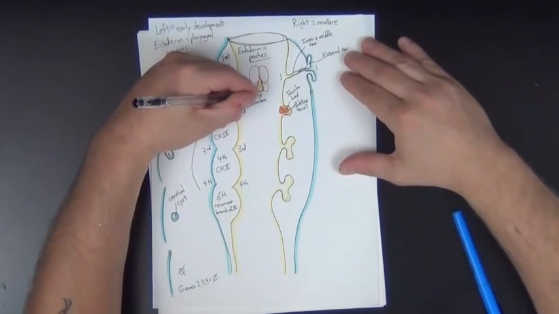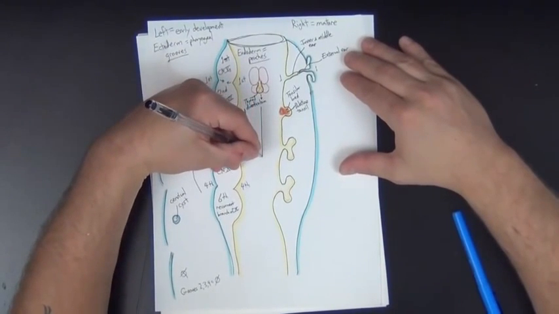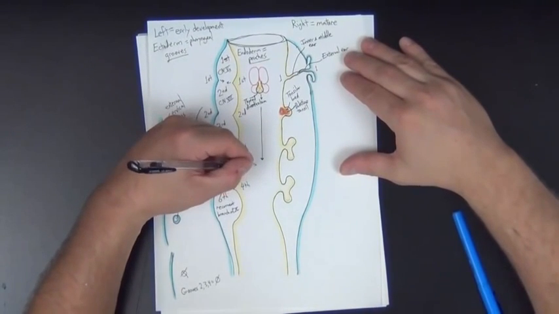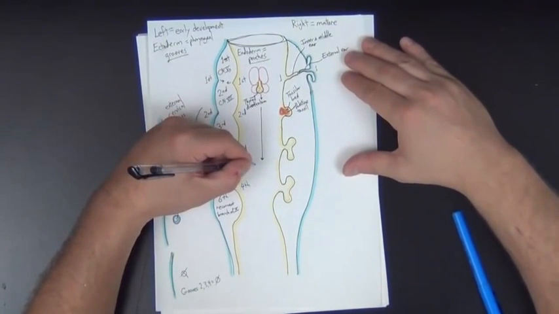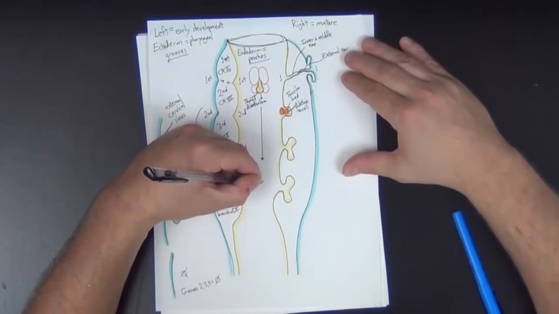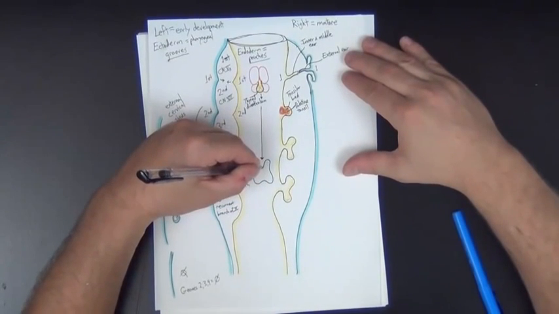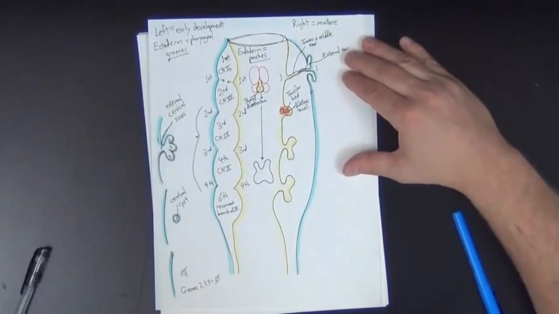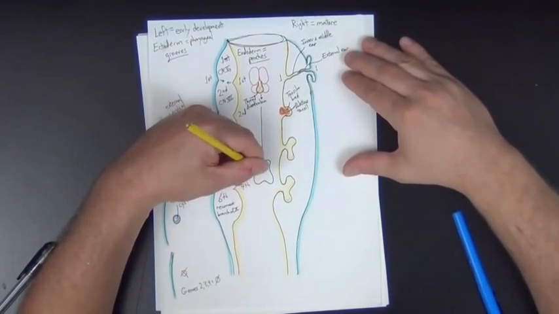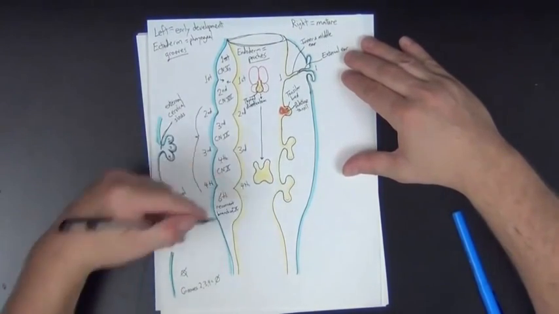As the body grows, this diverticulum extends inferiorly and migrates to the base of the neck, below the cricoid cartilage, past the hyoid bone, and forms a butterfly-shaped gland, typically on the front of the cervical strap muscles, and that's going to be our thyroid gland.